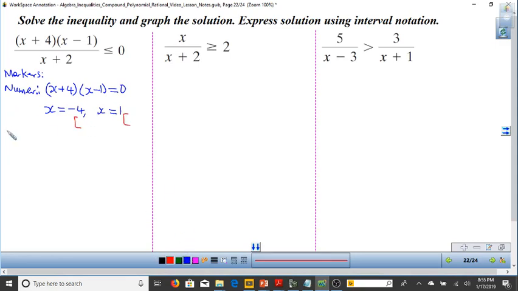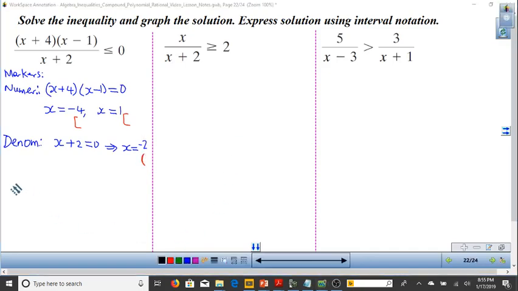And then for my denominator, denominator markers always use parentheses because the denominator is not allowed to be 0. My denominator is just x plus 2. So I set that equal to 0, I get x is equal to negative 2. And so my marker there for the denominator is negative 2, and that will always be parentheses.